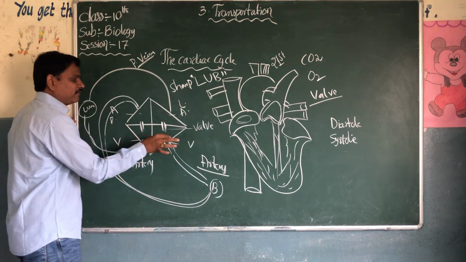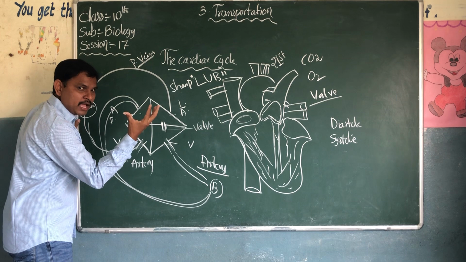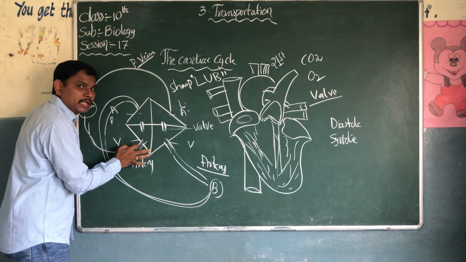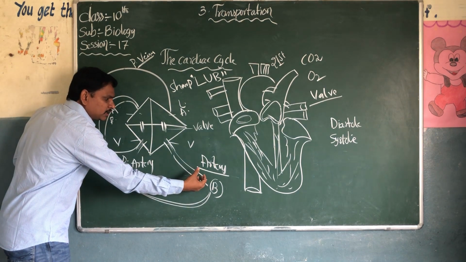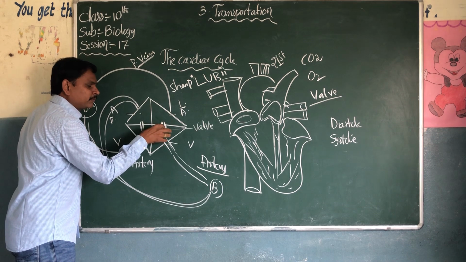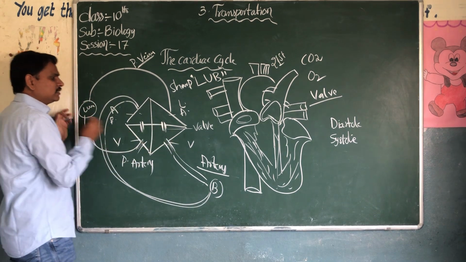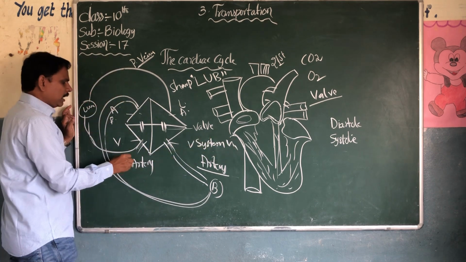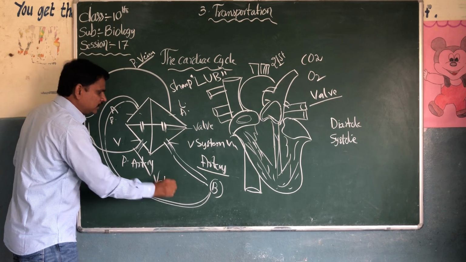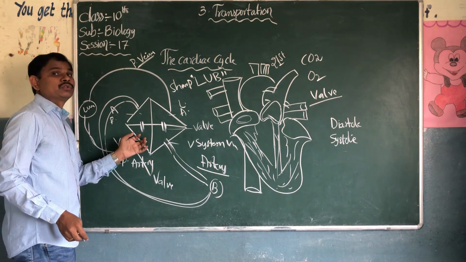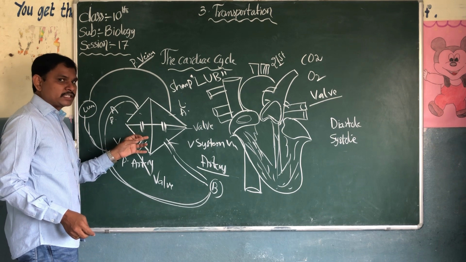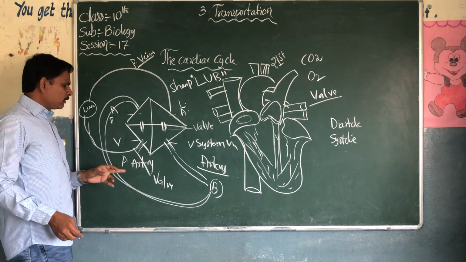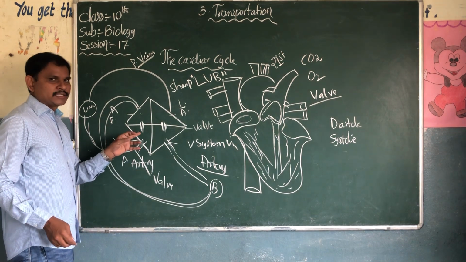But when the ventricles start relaxation, there are two more valves, the systemic valve and the pulmonary valve, and there is a chance for the blood to enter the ventricles again. The systemic valve and pulmonary valve are going to close to prevent reverse flow of blood from the arteries into the left ventricle, and from the pulmonary arteries into the right ventricle.